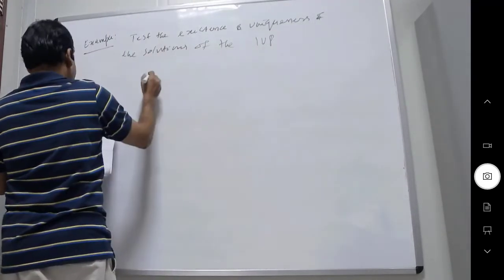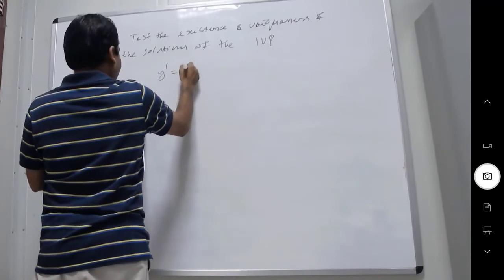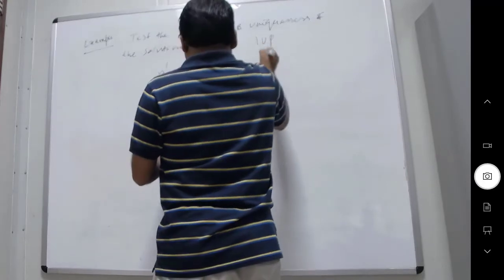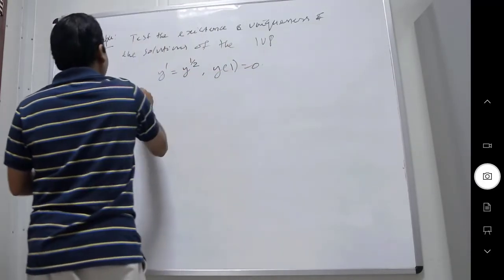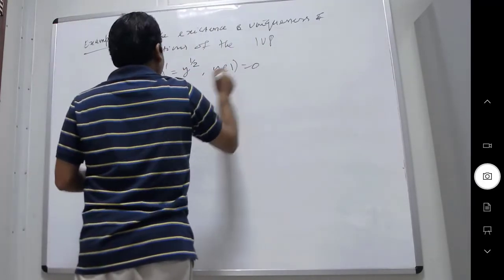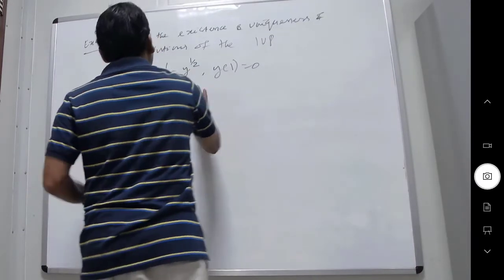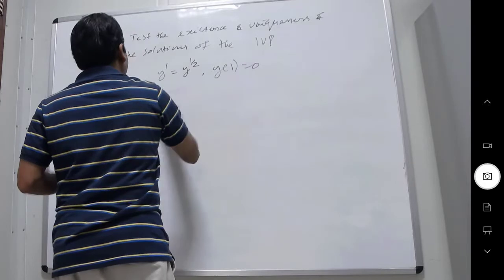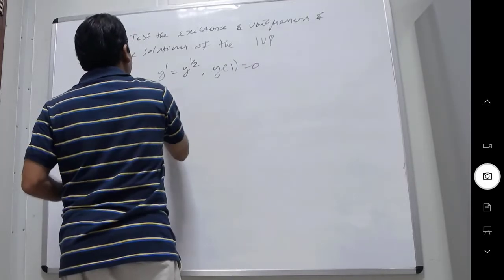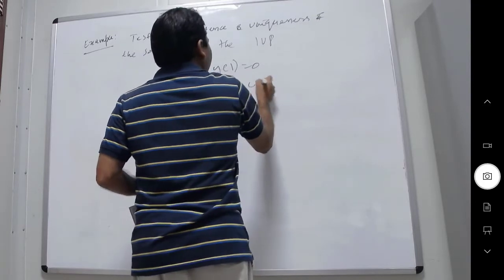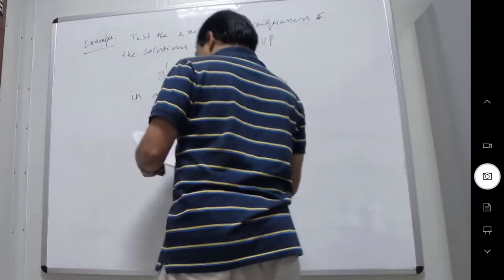What is the IVP? y dash is equal to y to the power half, y(1) is equal to 0, in a suitable rectangle.